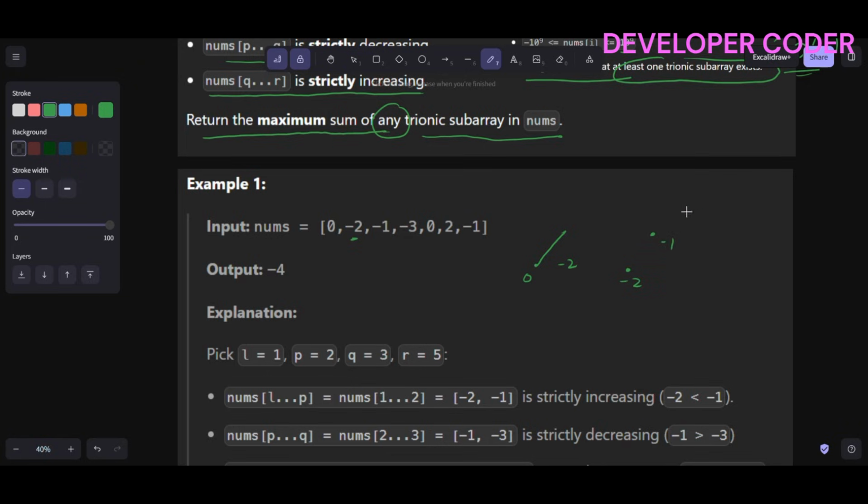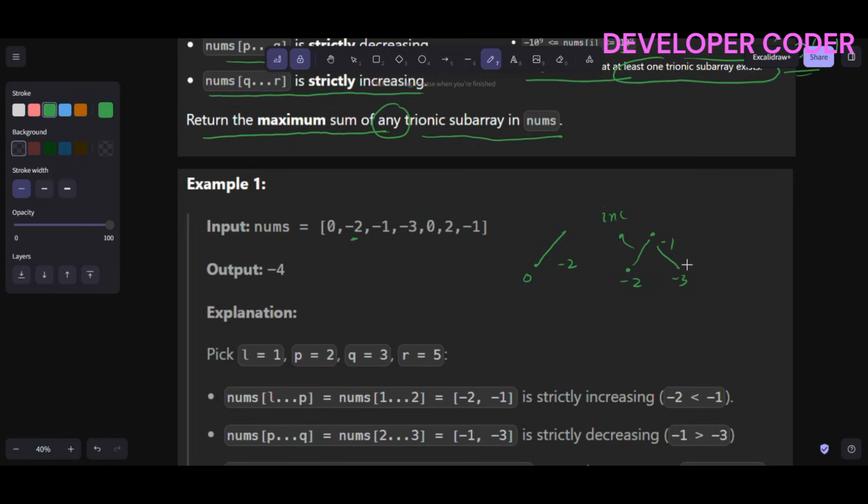Yes, good. Minus 3, no. So let's say this is one increasing slope. Then here minus 3. Minus 3 is smaller than minus 2, okay. Then 0 is smaller than minus 3, no.